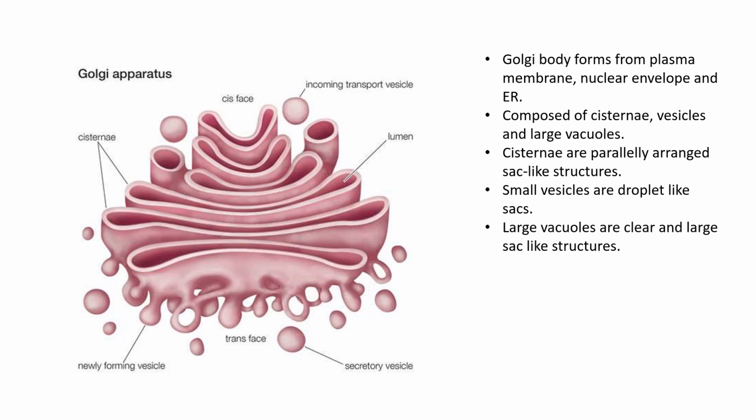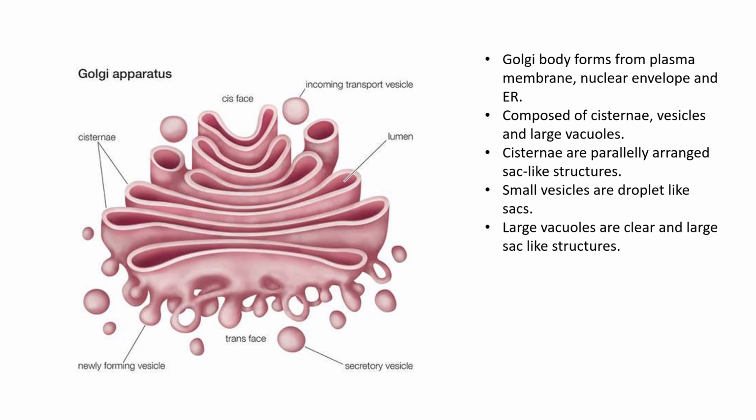The Golgi body is composed of cisternae, vesicles and large vacuoles. The cisternae are parallelly arranged sac-like structures covered by a smooth single membrane. They are piled to form stacks, and these stacks can be 3 to 20 in number.